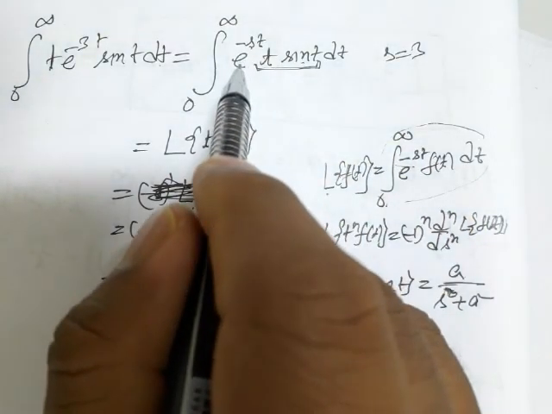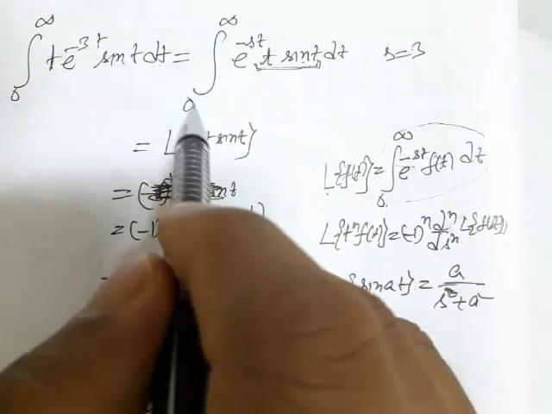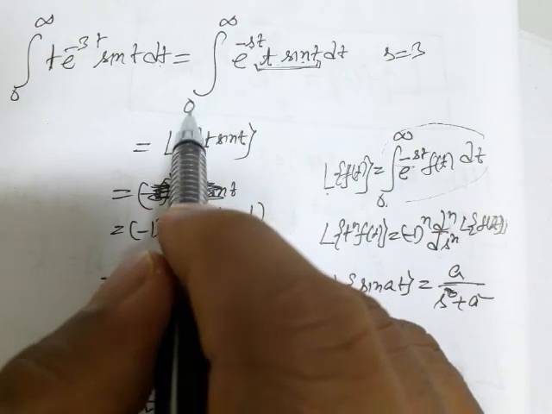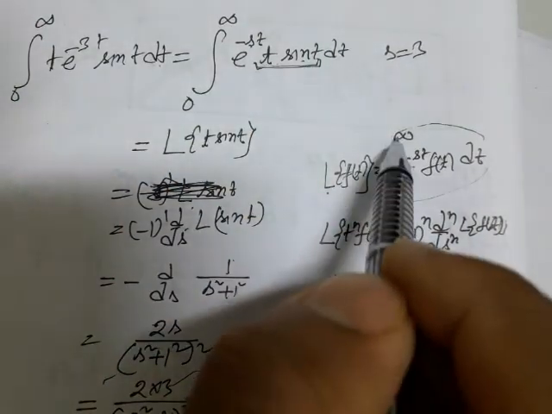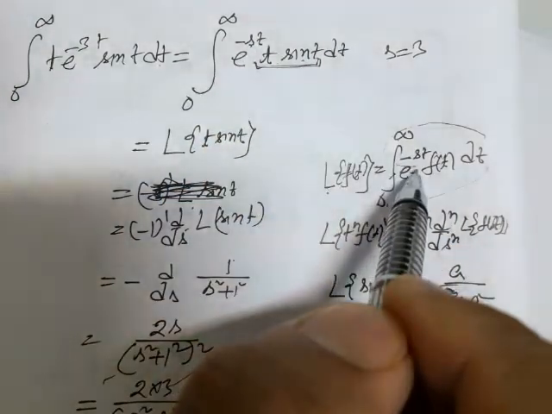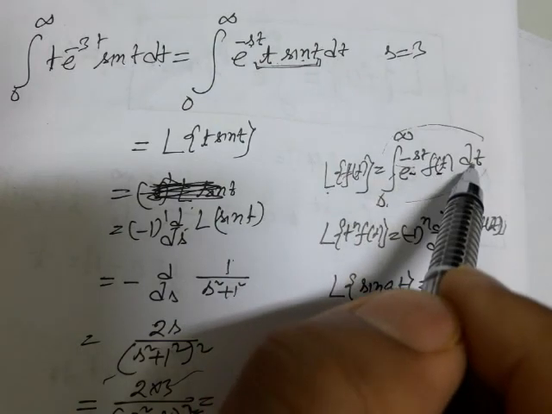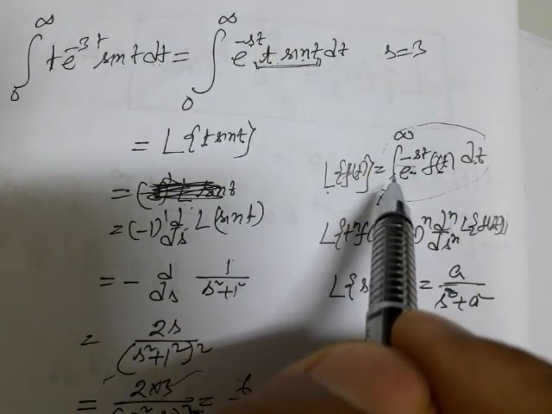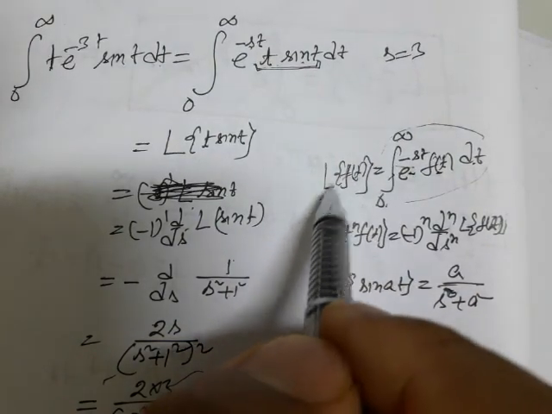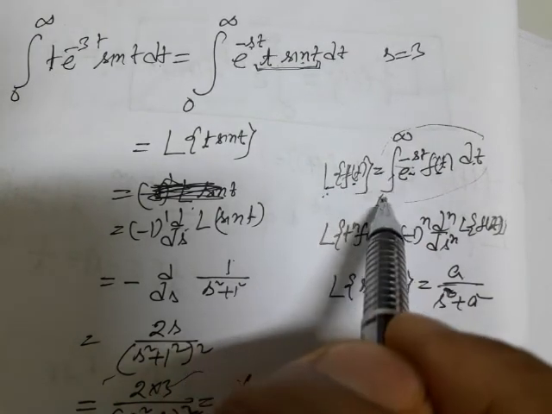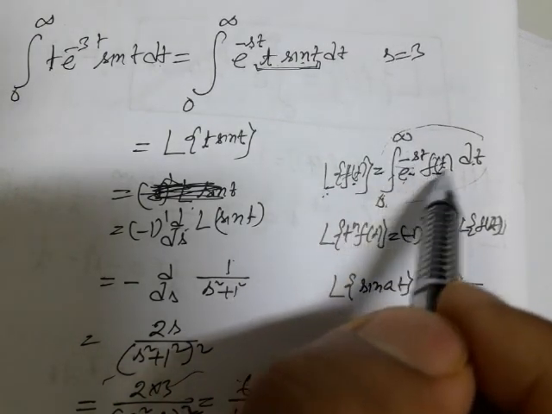Now see this whole thing: 0 to infinity e to the power minus st times f of t dt. It is the definition of Laplace transformation of f of t. So L of f of t is equal to the integral from 0 to infinity of e to the power minus st f of t dt.